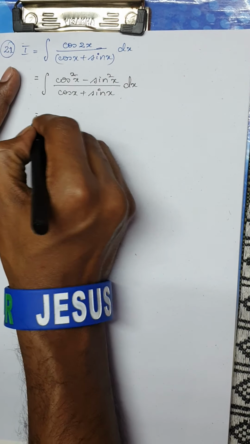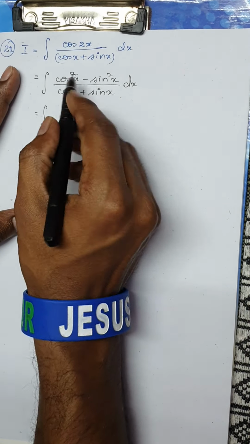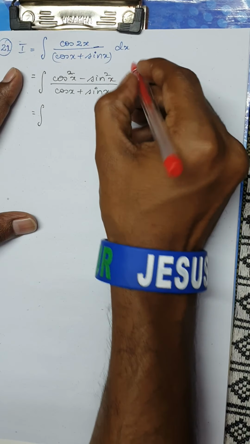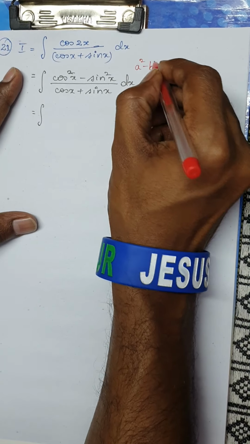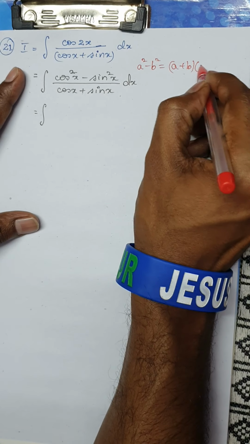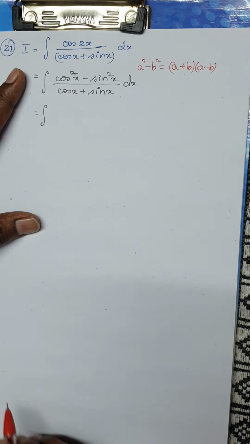Now look here, the numerator is of the form a square minus b square. What is a square minus b square? A standard result, it is a plus b into a minus b.